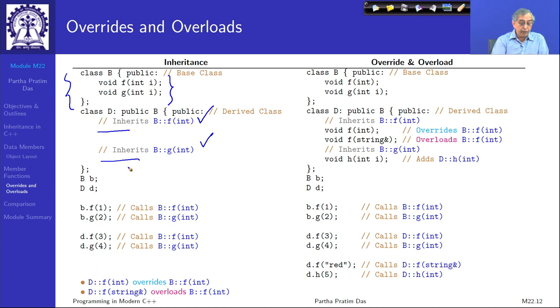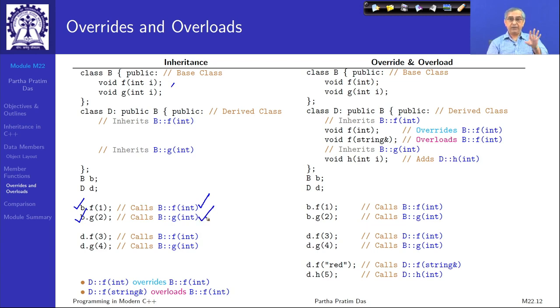So, if I construct two objects B and D of the respective base and derived classes, then what behavior will I get? If I do B dot f of 1, that is a simple case, like we were doing. B is accessing function f with parameter 1. So, it calls the function f of B. If I call B dot g of 2, it is B colon colon g as we had.